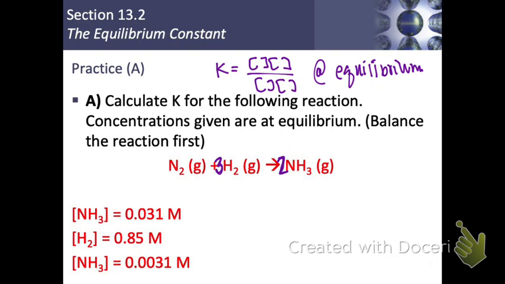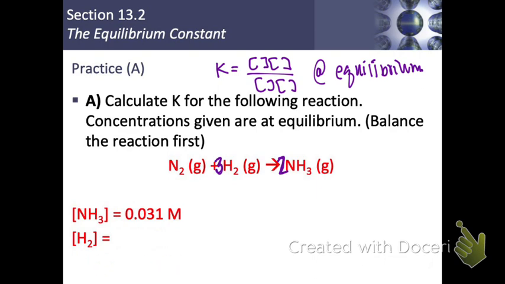Is there supposed to be 2 NH? Not in the balancing, in the concentration. No, let me look at what it should be. Yeah, you're right. I'm going to assume that the first one is supposed to be N2, but let me look at the book problem I put in so I get it right. All right, I have to make a quick edit here. I think I wrote these down in the wrong order.